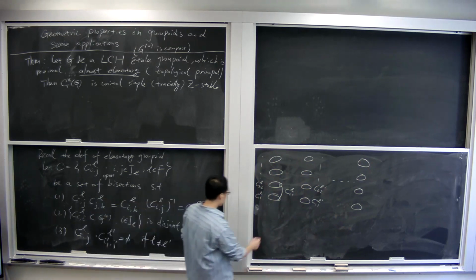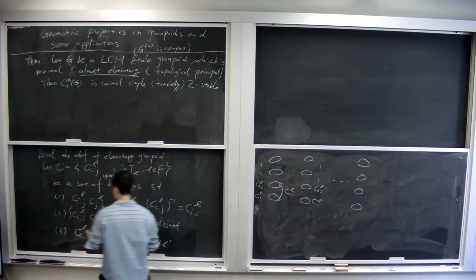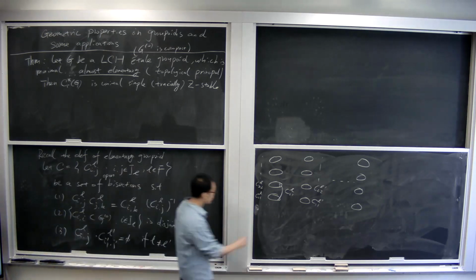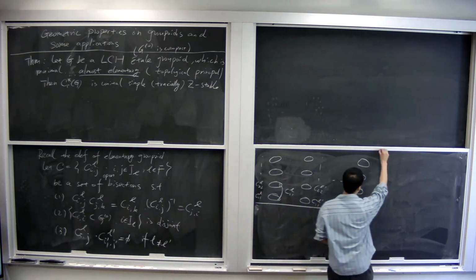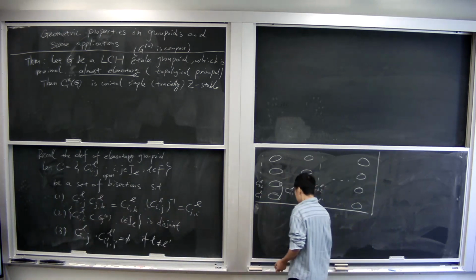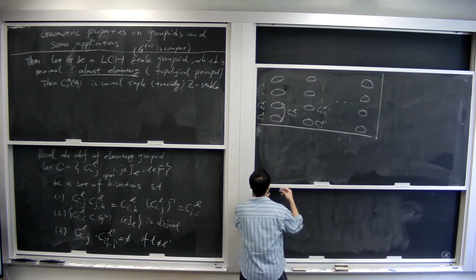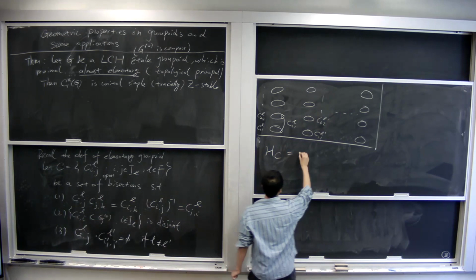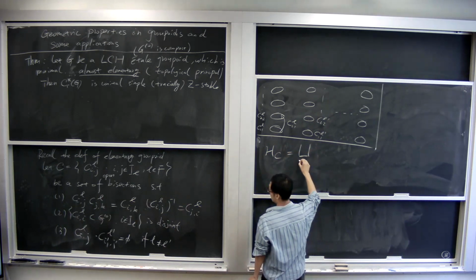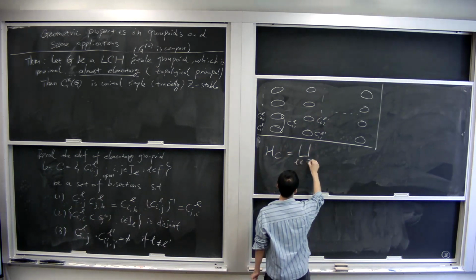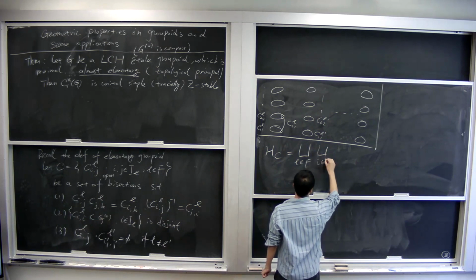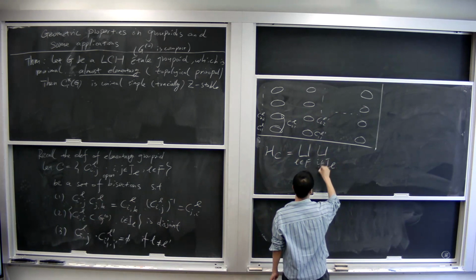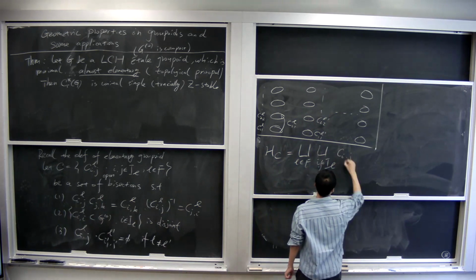In this case, if you just take the union of all such bisections, you obtain a groupoid, H_C, taking l in F and i, j in I_l.